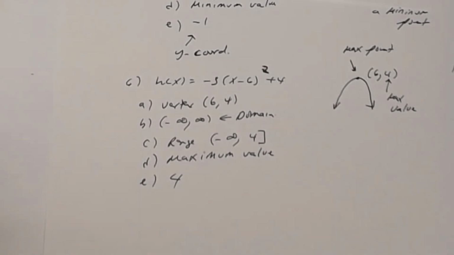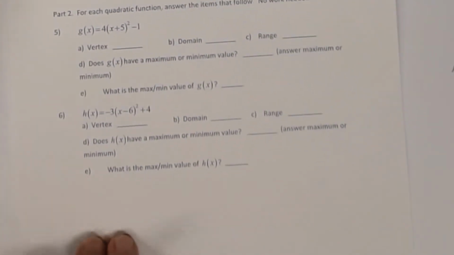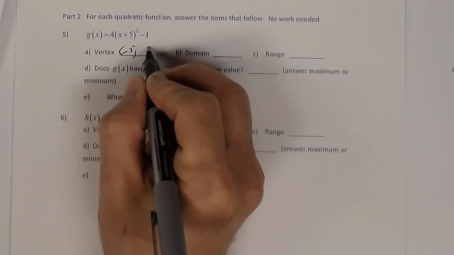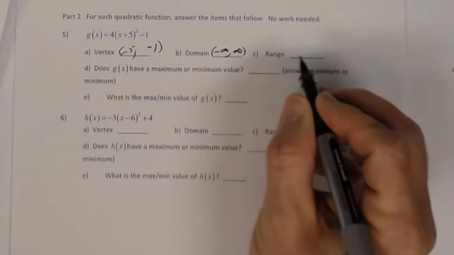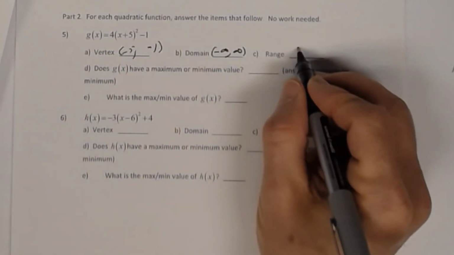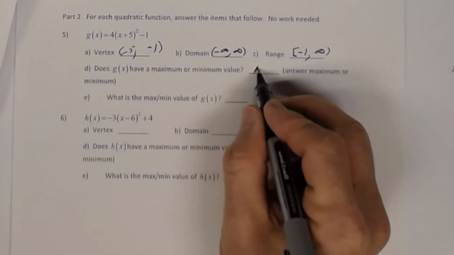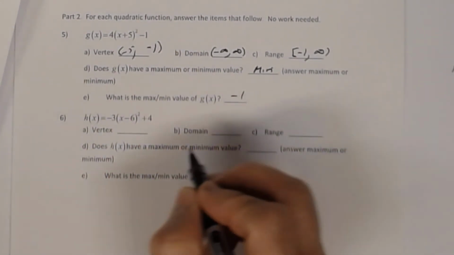All right, and let me go ahead and, real quick, at least put the answers for number 5 on here. So in number 5, we saw that the vertex was (-5, -1). The domain is negative infinity to infinity. The range was from negative 1 to infinity, and it has a minimum value, and the minimum value is negative 1.